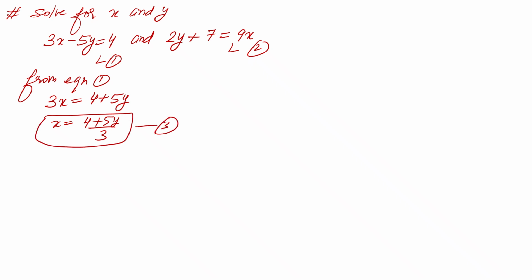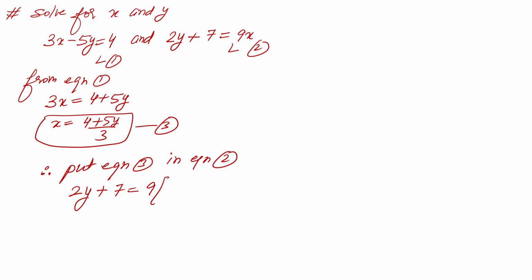हमने इक्वेशन 1 यूज की है, तो हम ये x की वैल्यू कहां पुट करेंगे? 2 में. So therefore you can write put equation 3 into equation 2. So what you will get? You will get 2y plus 7 equals 9 times x की वैल्यू सब्स्टिट्यूट करो, (4 plus 5y) upon 3.